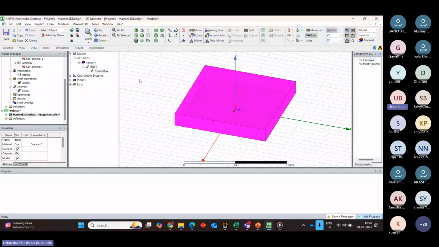Now you have to give the outer dimension of the rectangular coil. Just consider this as your coil, now in rectangular shape.